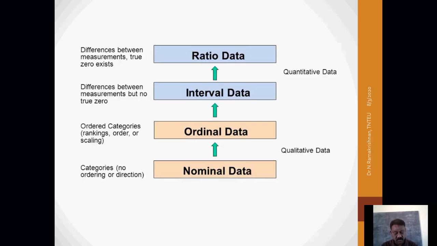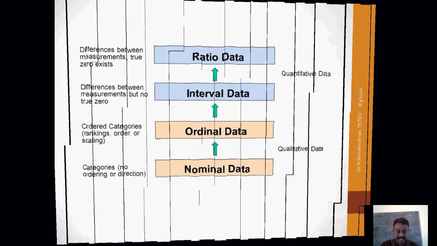The 1:2 is the ratio between A and B, because he is getting 15,000 as salary, he is getting 30,000 as salary. You can put a ratio for that, and you can go for higher level calculations, computations, for this ratio data. That's why the interval scale and the ratio scale are used for quantitative data analysis, and nominal data and ordinal data are used for qualitative data analysis.